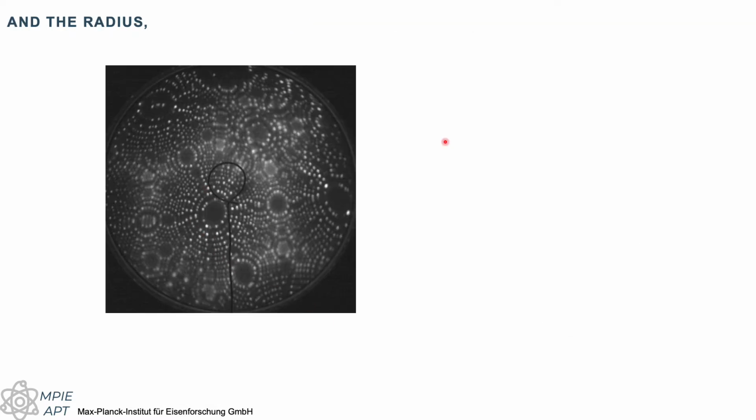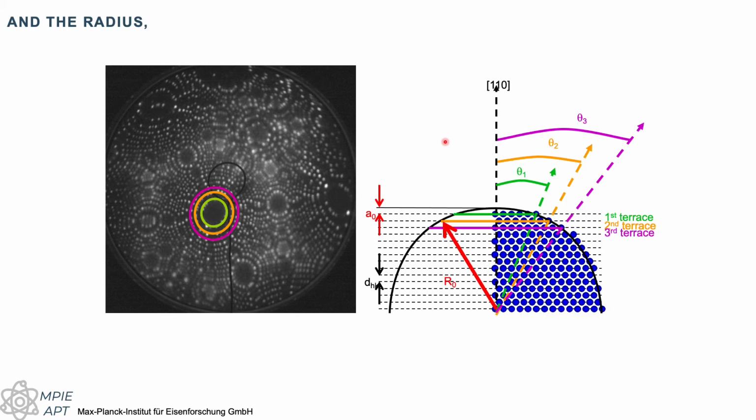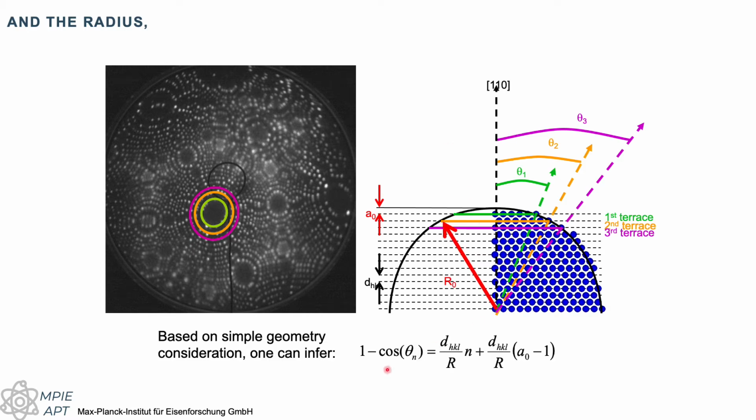In FIM, back from the 50s, people actually started discussing how this series of rings that we see can be related directly to the radius, because effectively every time you go from one terrace to the other terrace to the other terrace, you're going to go down by just one interplanar spacing, which means that the size of the terraces will be directly dependent on the radius, and the number of terraces between two sets of atomic planes can inform us on the local radius.